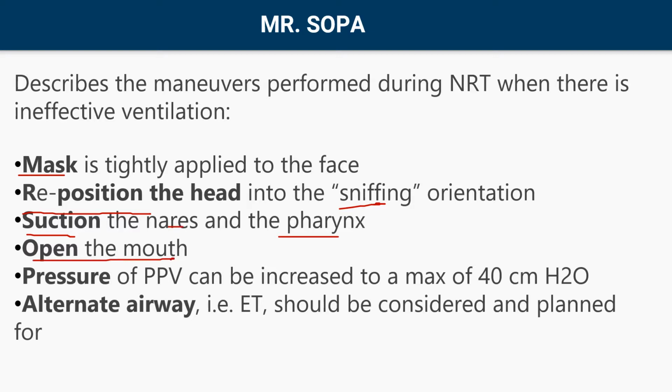Open the mouth. Sometimes you give the ventilation with the mouth closed, and through the nose it's very difficult to give the ventilations because the airway of the baby is different from the adult. Pressure, because maybe the positive pressure ventilation pressure is not so high, so you can increase it by moving the valve of the AMBU self-inflatable mask. And the alternative airway.